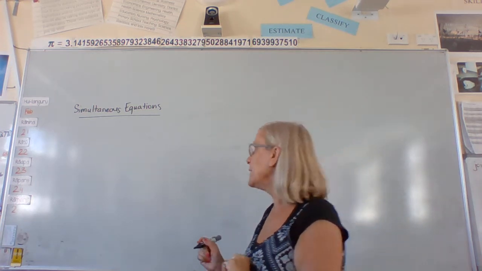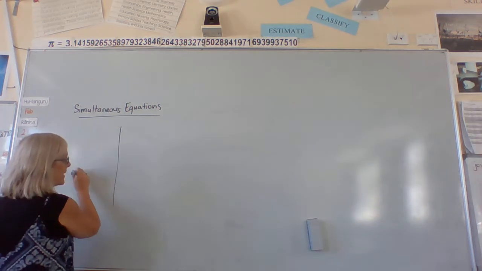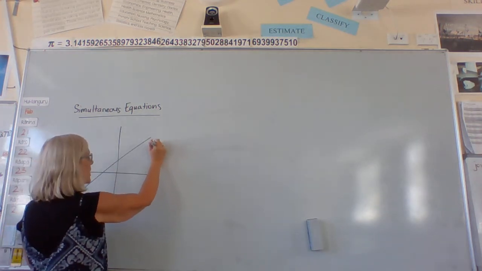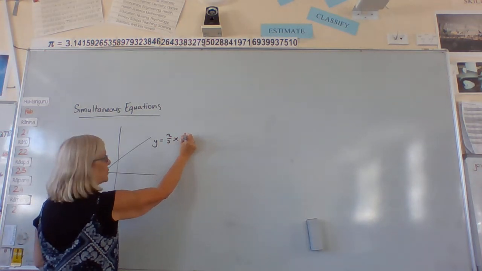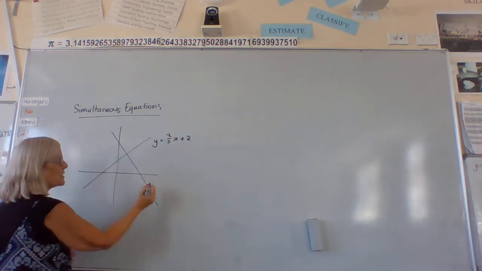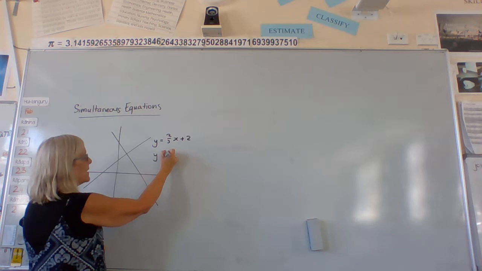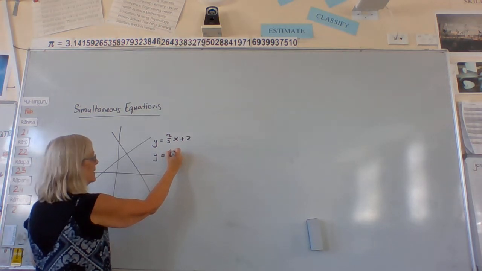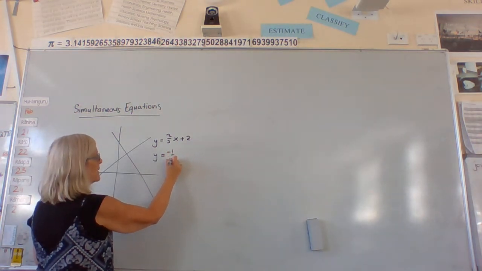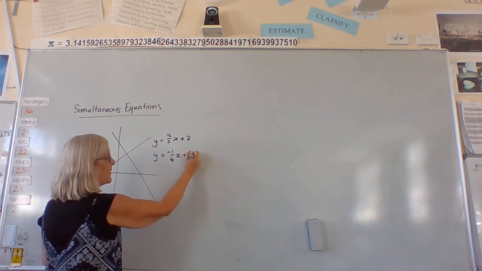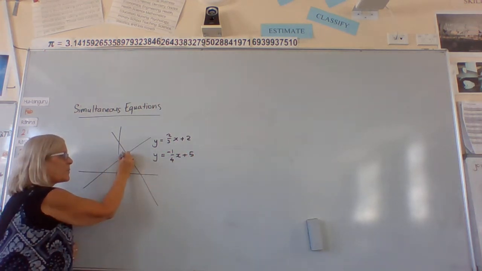The first one, if we had a nice graph like this one, y equals 2/3 x plus 2, and this one, which is y equals negative 1/4 x plus 5. So we want to find that point there.